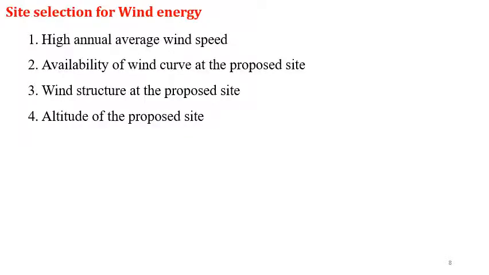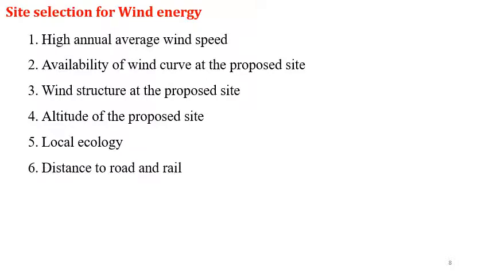The altitude of the proposed site is very important because it decides the wind direction, the height of the tower, as well as the wind speed. Then local ecology is very important. We should know about local ecology. And then distance to road and rail is very important, because otherwise the transportation cost will increase if it is too far from road and rail.